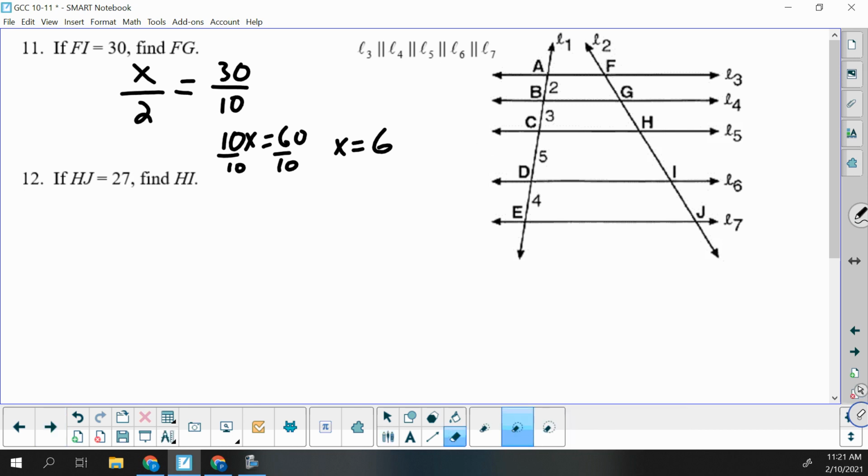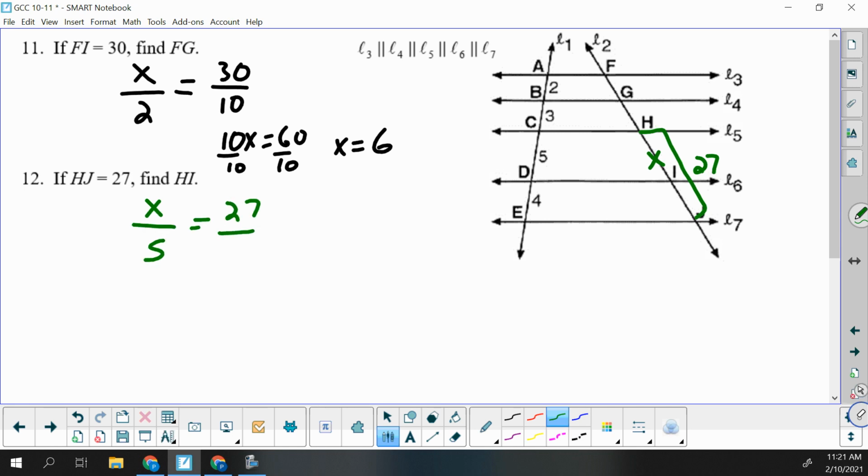We switch up what they give us in the next one. HJ is 27. So from here to here is 27. We want to find HI, so we'll call that X. So X matches with the 5. 27 would match with these together.